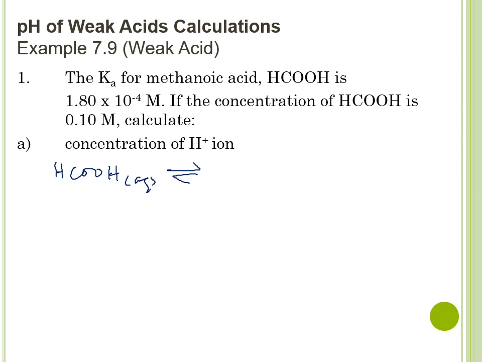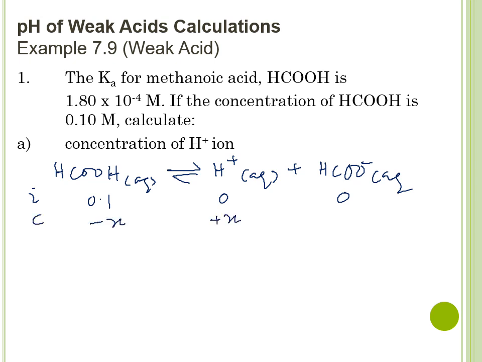It partially dissociates to produce H plus and the methanoate ion. So the initial concentration is 0.1 molar. This is not yet available, and this is the change. Negative X, positive X, positive X, and then you have equilibrium. 0.1 minus X, this one is X, this one is X.